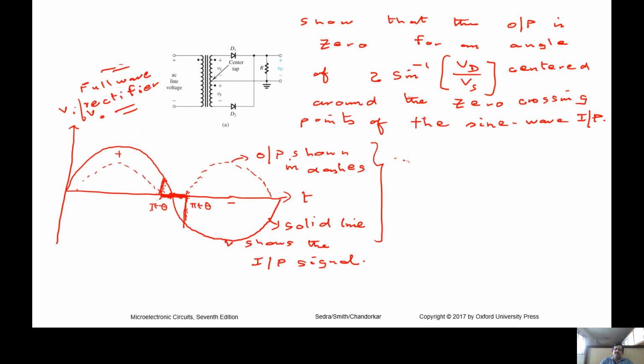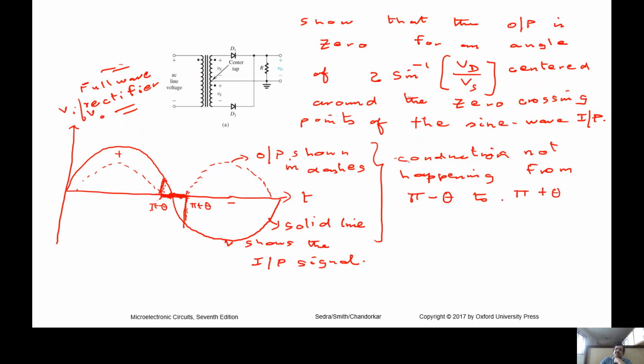Around here, what do you see? Conduction is not happening. Hence, there is no current flowing through. Conduction is not happening from pi minus theta to pi plus theta.